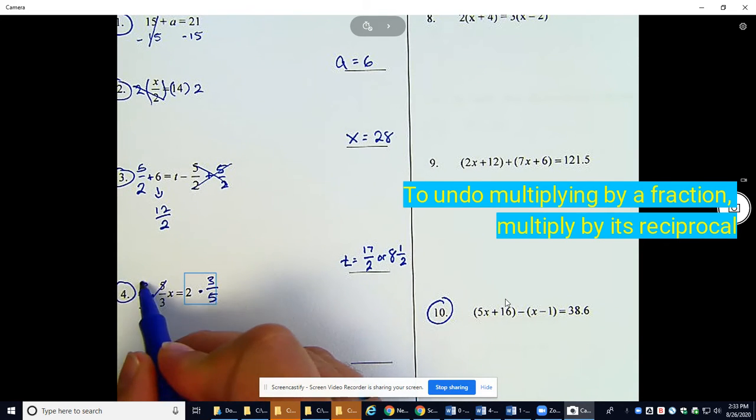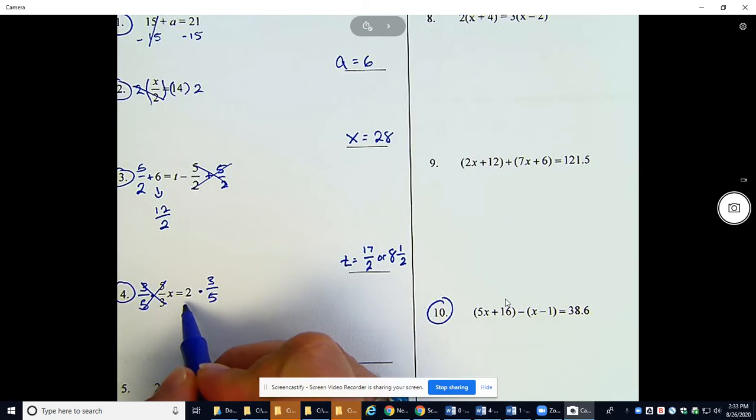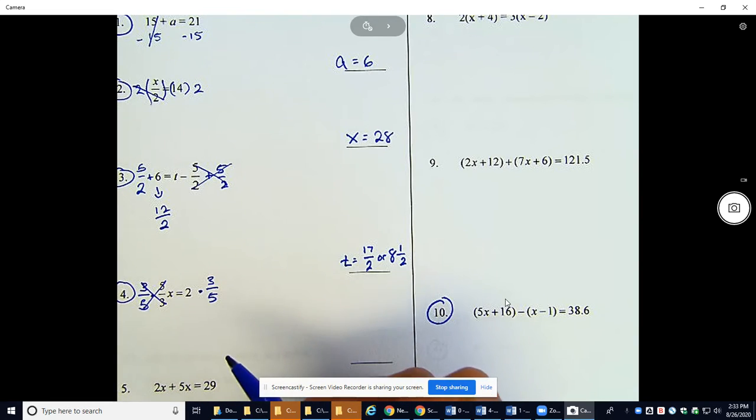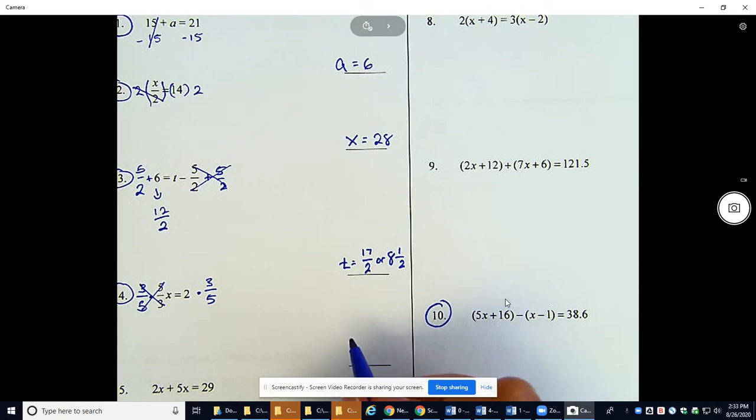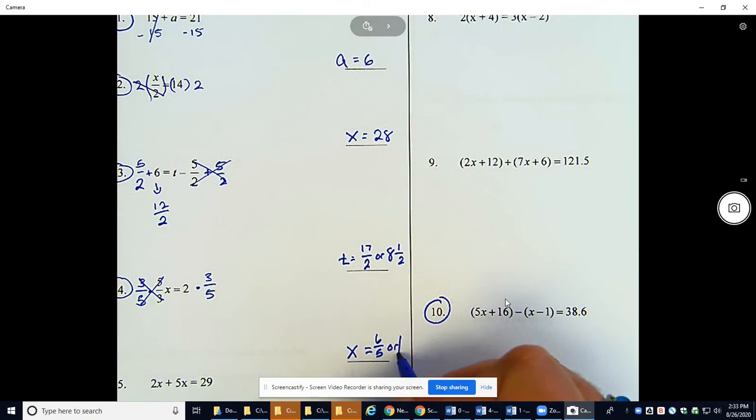So the 5's cancel, the 3's cancel, and you end up multiplying 2 times 3/5. So your answer there is that x equals 6/5, or if you wanted to put it as a mixed number, 1 and 1/5.